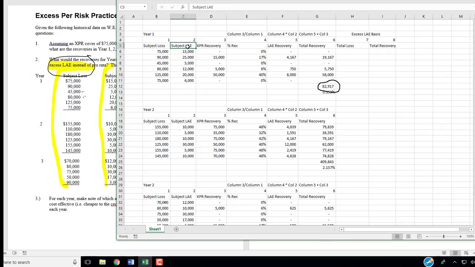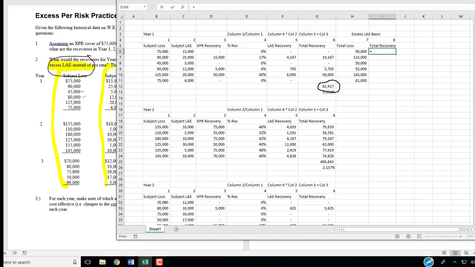We're just simply taking the subject LAE, adding it to the loss, and then applying the treaty to the total. So we simply add column 1 plus column 2, which is the subject loss plus the subject LAE, and then we'll copy this down, and then we'll apply that total to the treaty. So none of these exceed our 150,000.